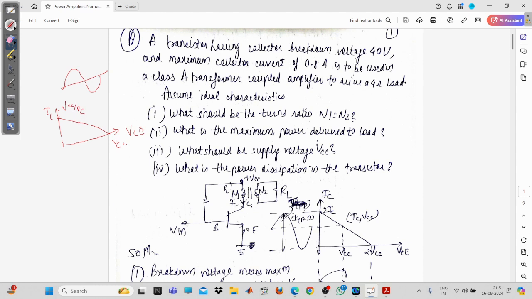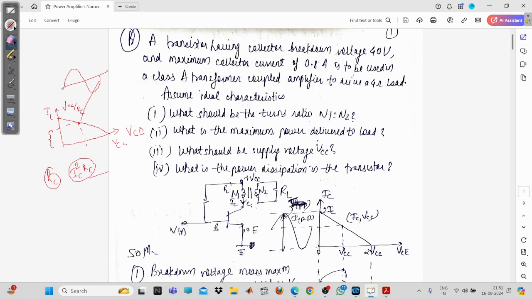In the class A power amplifier, the operating point is at the middle of the DC load line. So even if you are not applying any input signal, at the DC operating point you still have this finite collector current, and this finite collector current will pass through the resistance, and because of that there will be IC square into RC loss.